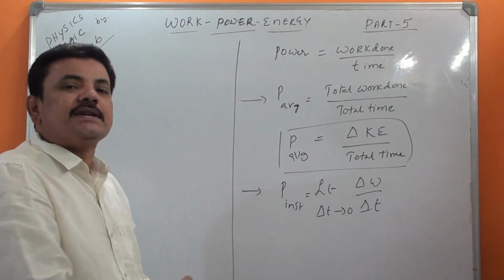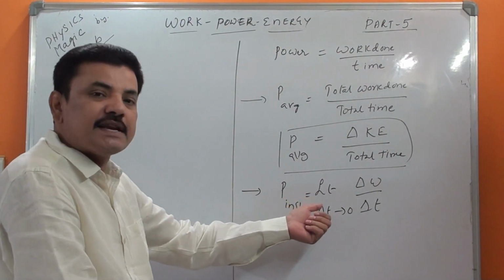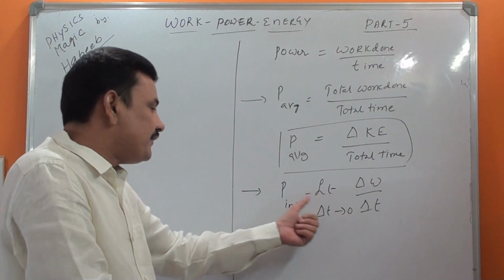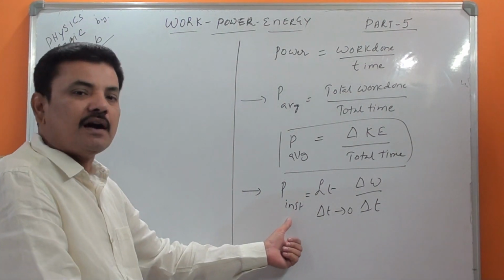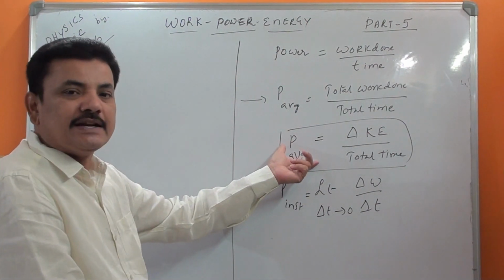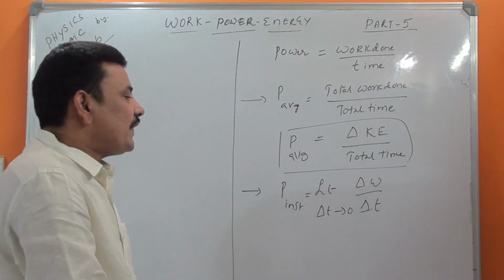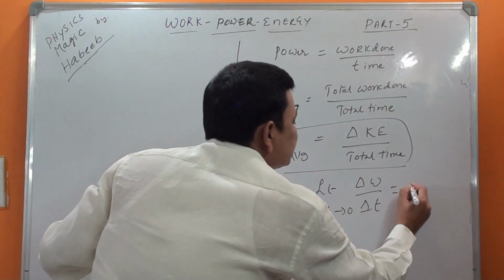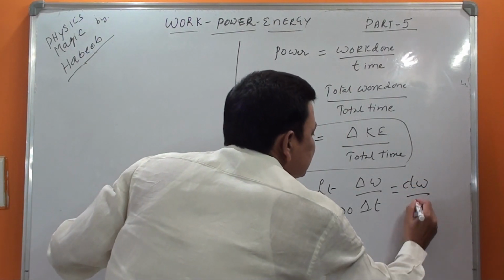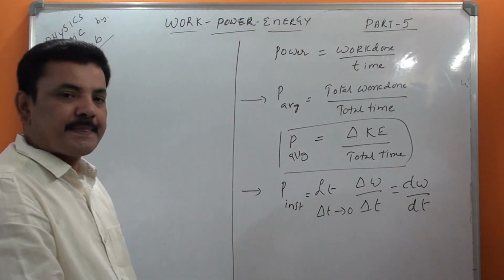Means at any particular instant, if they are asking to find out the power, then we have to use this particular formula. Average power we already calculated, so you got high clarity on this. Then this can be written as dw by dt.